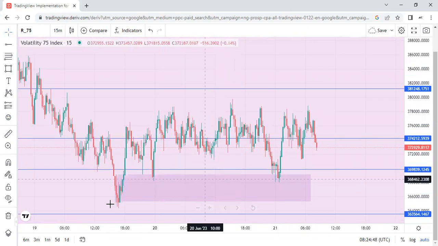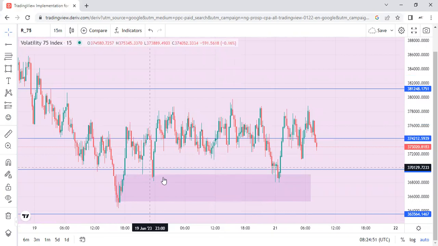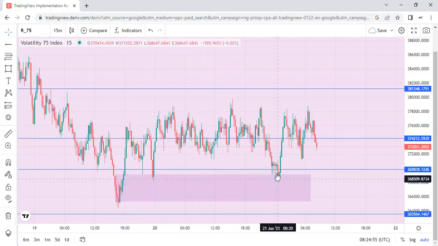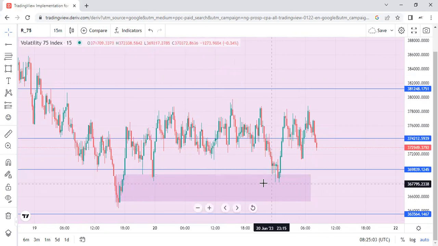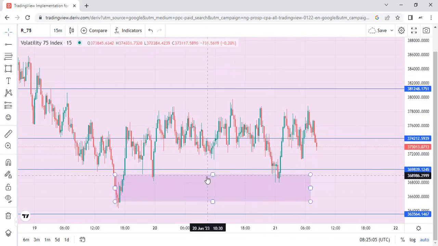Now look at market comes here, it respects the 1 hour order block, it moves up, then comes back here again, respects this 1 hour order block, right? Then moves up again. Which order block do you expect market to use? Let me zoom.